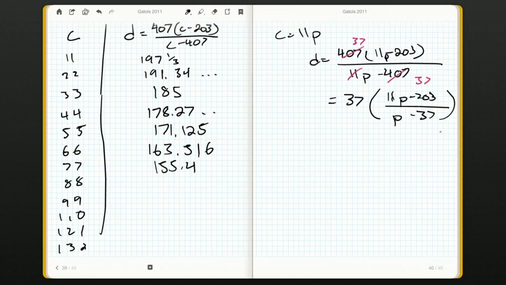37 and 203, they don't relate to each other, do they? No, they do not. And 203, of course, not a multiple of 11. Very curious. Alright. Well, I'm just going to keep plugging away.